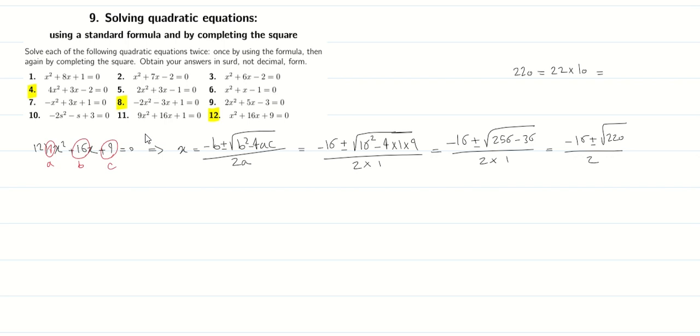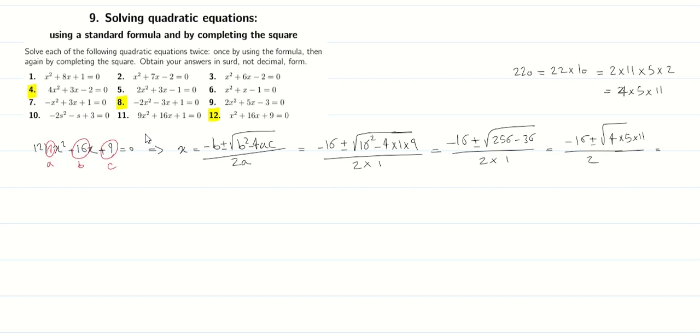And 22 can be written as 2 times 11, and 10 can be written as 5 times 2. So basically we have 4 times 5 times 11. So instead of 220, I'm just going to write 4 times 5 times 11 in here.